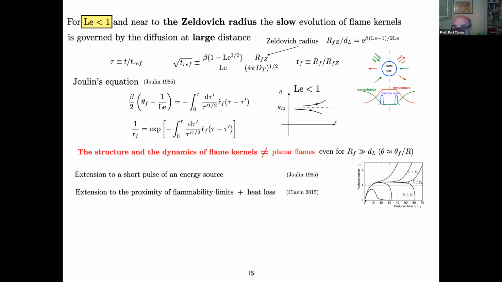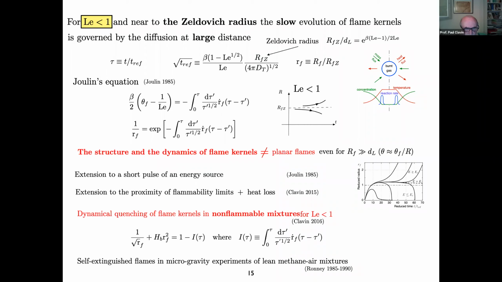But if the energy source is not large enough, you cannot reach the Zeldovich radius, and you never ignite. So this depends on the intensity of the energy source. You have this picture, and it turns out that this was used by the engineers in the gasoline engine to understand.